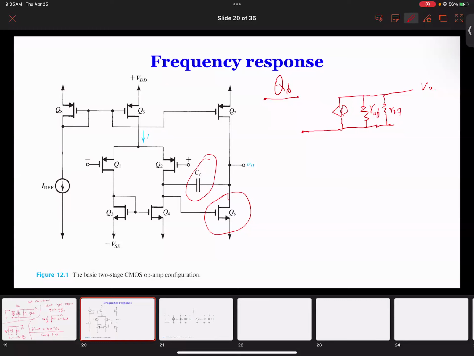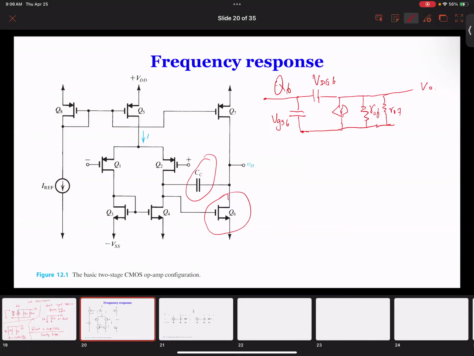For the high frequency response, we're going to add the internal capacitance of the circuit. Like in here, you have VGS6, and over here you have DG6, and there are also other resistances, if you remember, from drain to source.